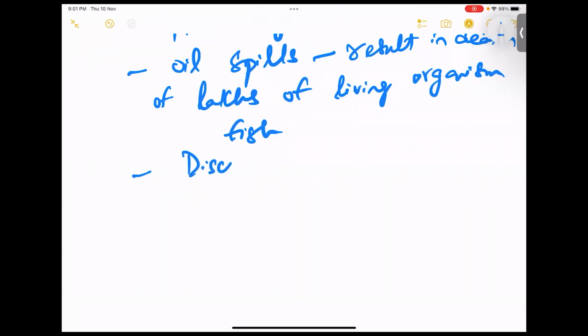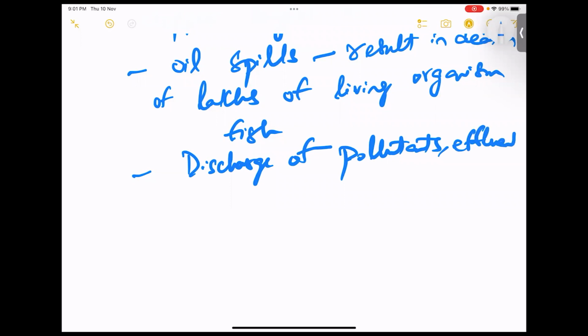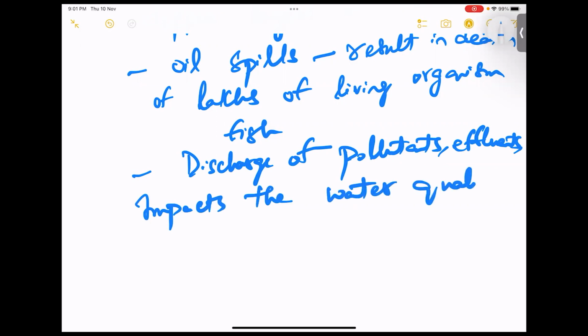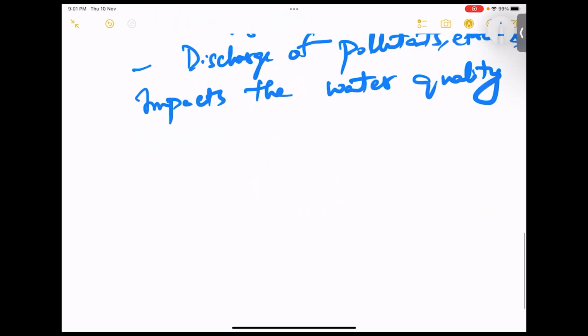Discharge of pollutants or effluents impacts the water quality and thereby it impacts the biodiversity of the marine life.